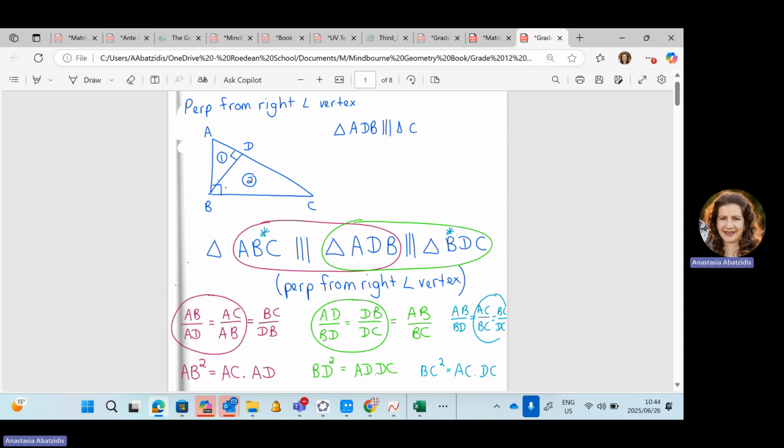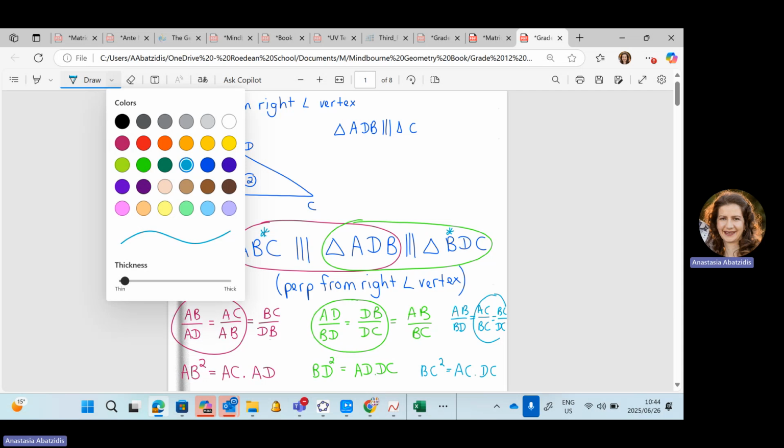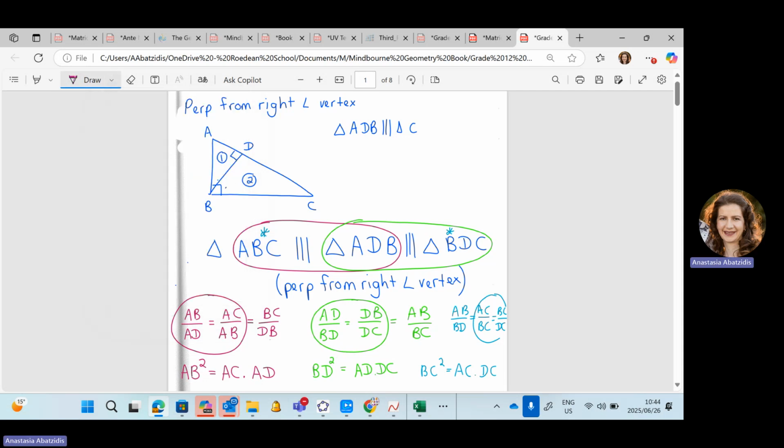So AB squared plus BC squared is equal to AC squared. All right. Look at the patterns that this thing makes. AB squared, so the short side, that squared, is AC times AD. Okay.